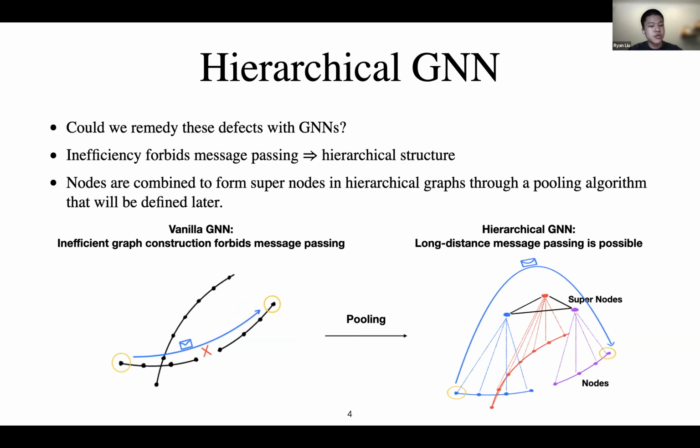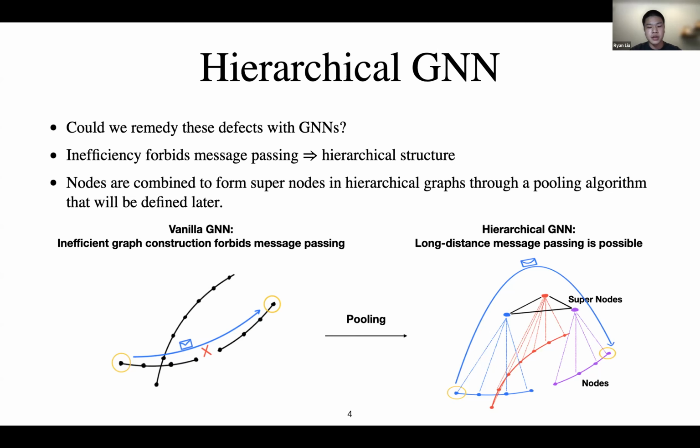Now, the problem is, could we remedy these defects with GNNs? Unfortunately, the answer is no. This is because even though the graph after edge classification is both fairly efficient and pure, the inefficiency would forbid the two nodes belonging to the same particle from talking to each other. This motivated us to use a hierarchical GNN, which basically creates a new graph of supernodes.